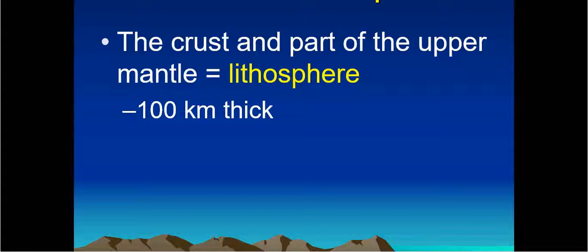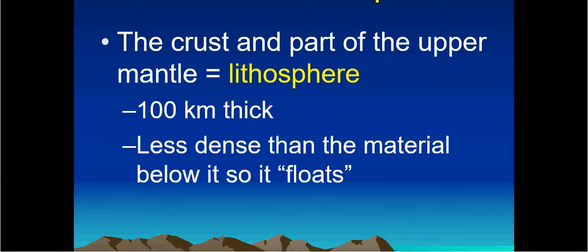It is about 100 kilometers thick and is less dense than the material which lies below it. That is why the lithosphere floats over the surface of the mantle.